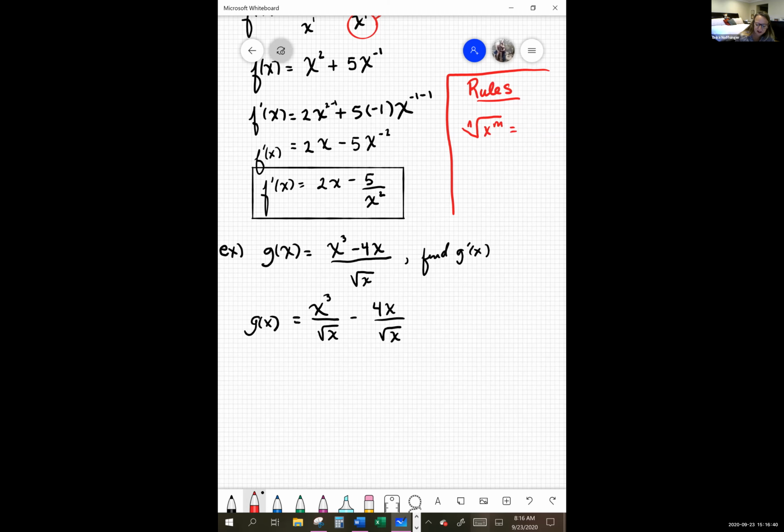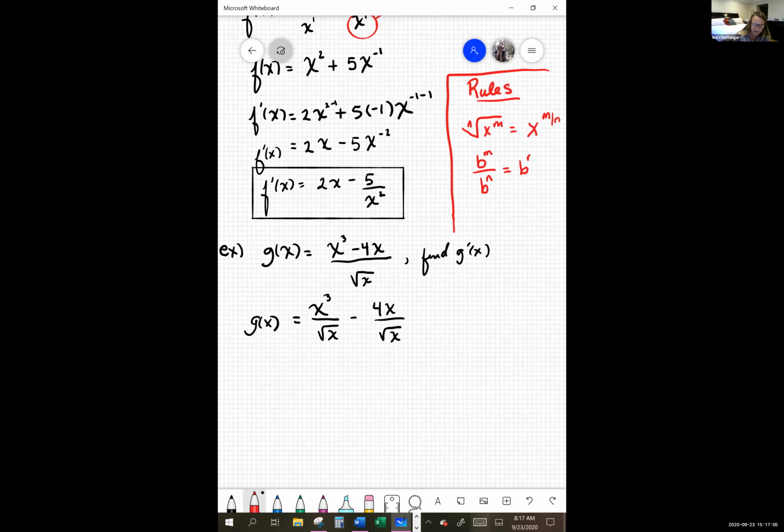So if you have a radical, this could be rewritten without the radical and with a rational exponent. So this is x raised to the m over n power. So that's something that we'll use. And then there's also a rule for same base division.